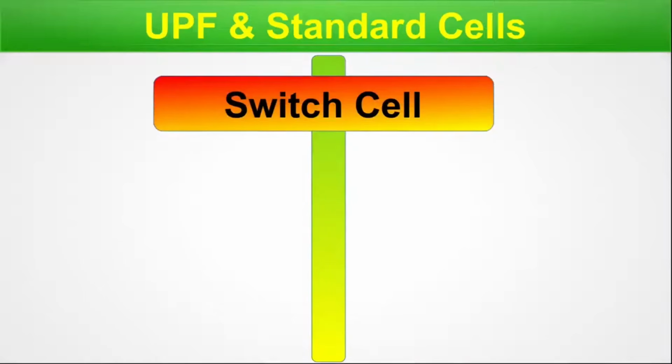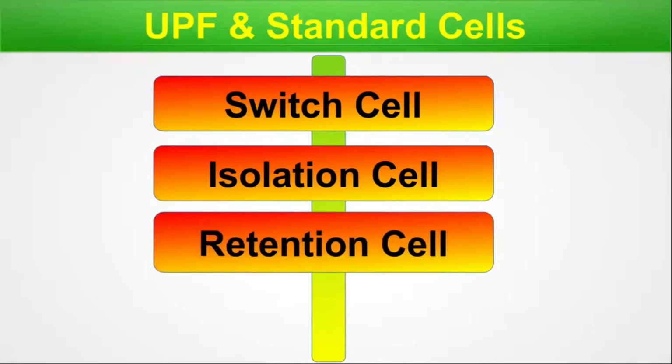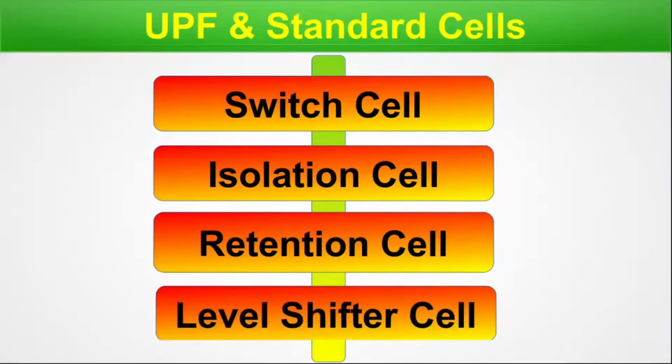UPF and standard cells. So here we will talk about 4 types of UPF commands and the standard cell. Majorly these are switch cell, isolation cell, retention cell, and level shifter cell. So in the standard cell package, these 4 types of cells are there and these are special types of cells.